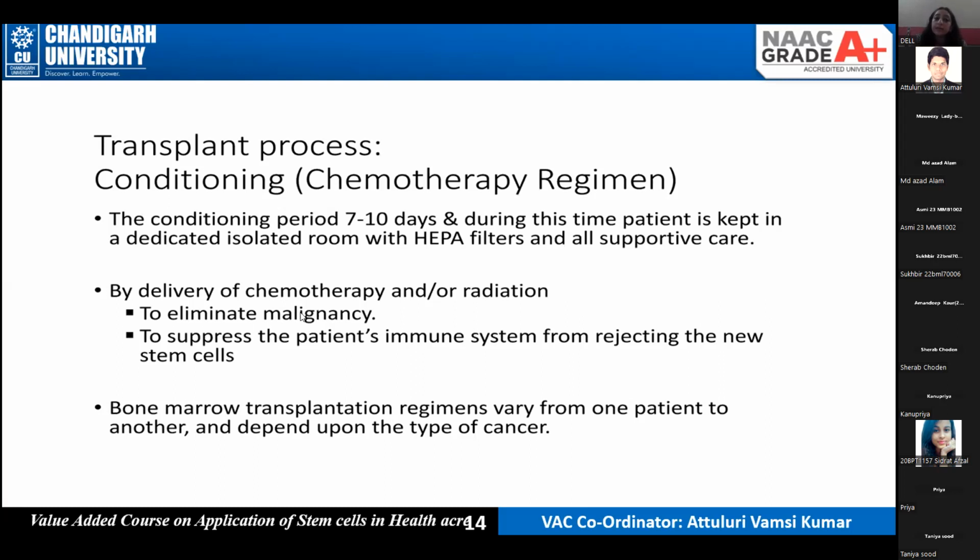So at that time we give some immunosuppressive therapies to the patient so that they do not reject the new stem cells. Bone marrow transplantation regimens vary from one patient to another and depend upon the type of cancer. The conditions which arise at the end are different from one patient to another.